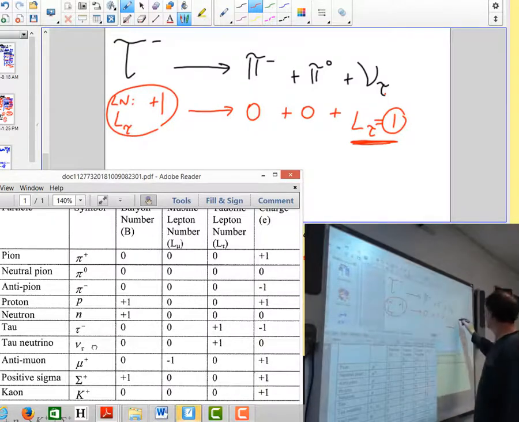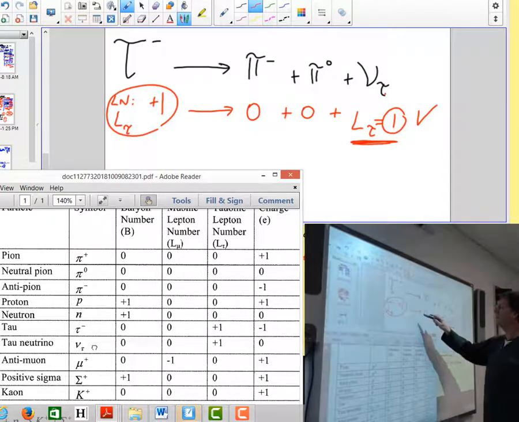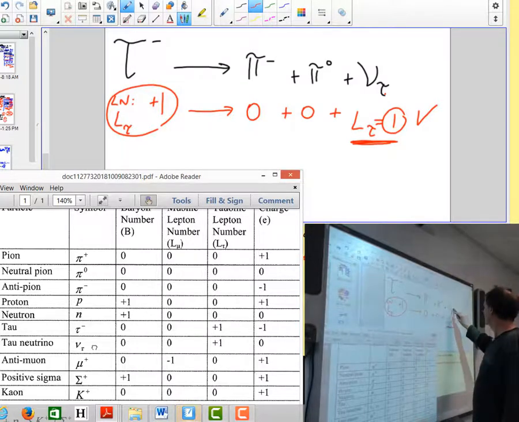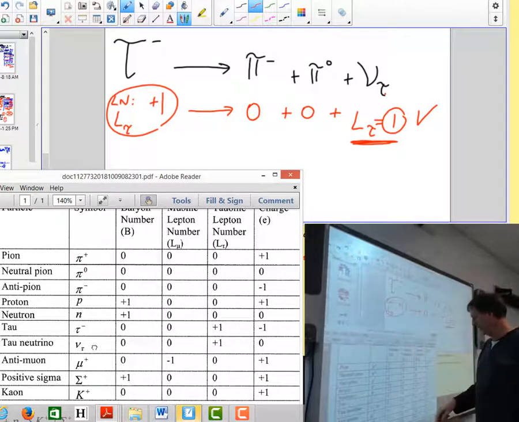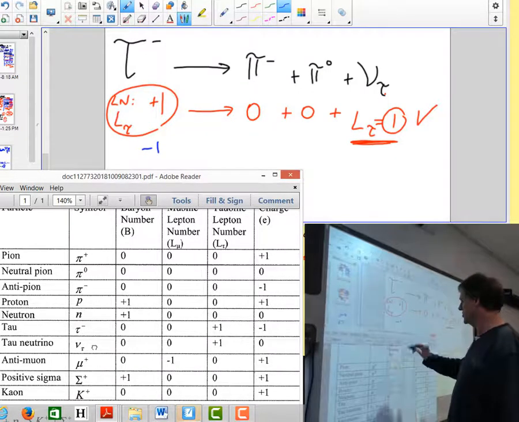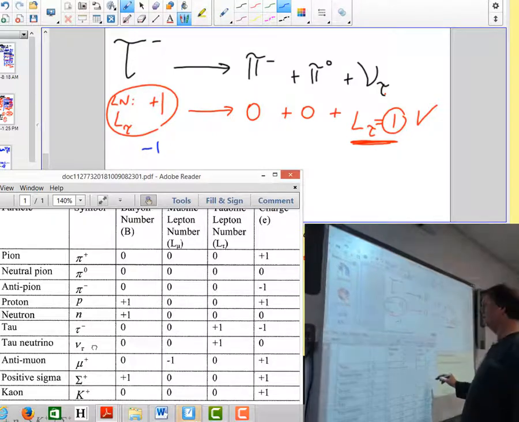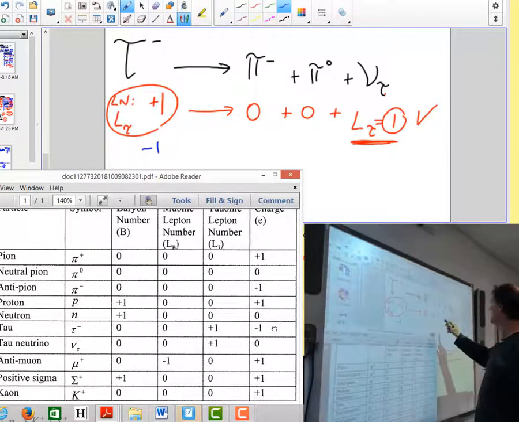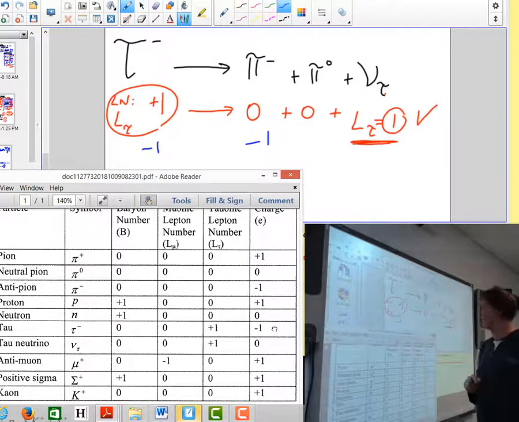So in terms of that, it works. None of these are baryons, they've all got baryon numbers of 0 if you check them on the table. So in terms of baryon number, it's all balanced. And in terms of charge, you've got a -1 charge on the tau, and you've got a -1 on your antipion, so charge is conserved. So this one would work. All right, thank you.